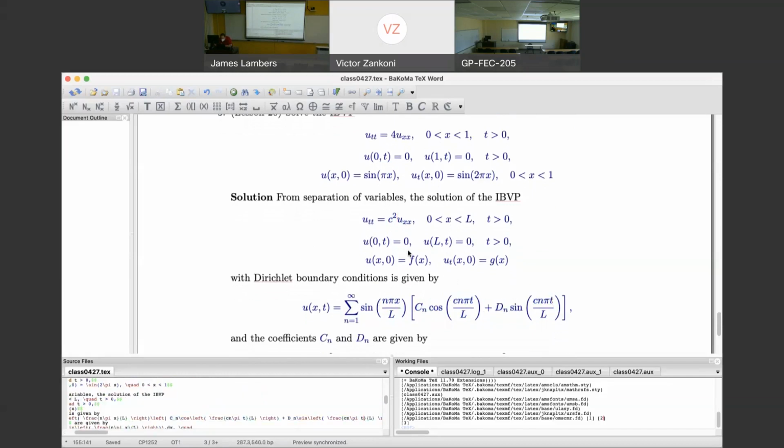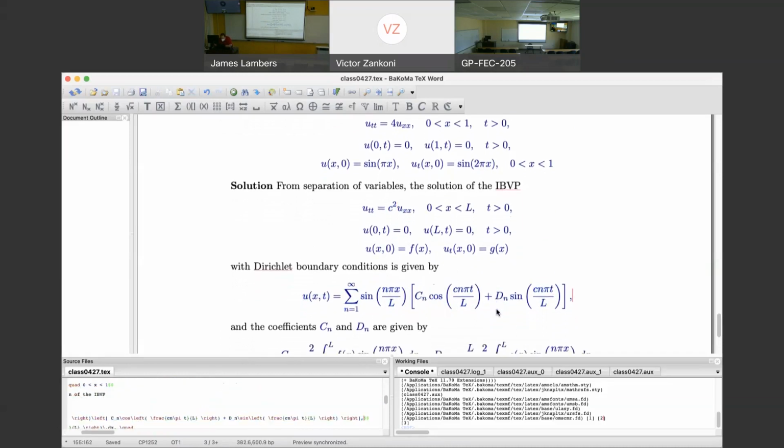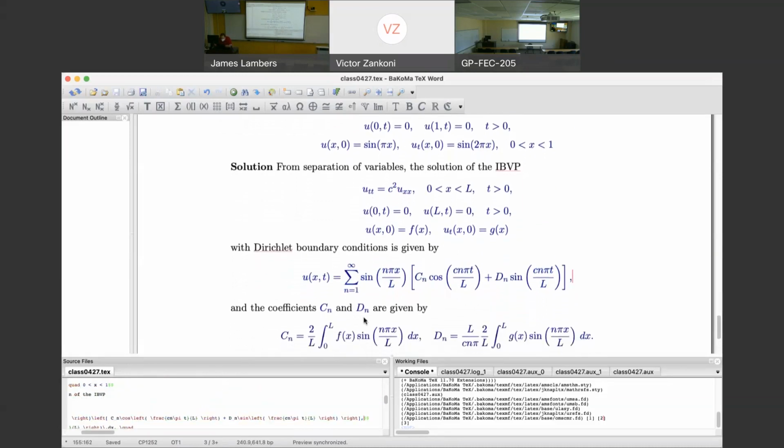So for a homogeneous wave equation, this is your general solution form, where the coefficients Cn and Dn are based on the initial data. So in this case, the Cn coefficients come from a Fourier sine transform of this initial condition, the first one, on u of x,0.